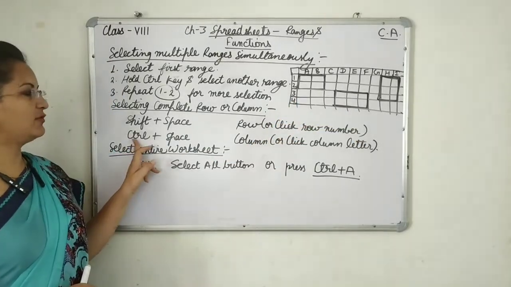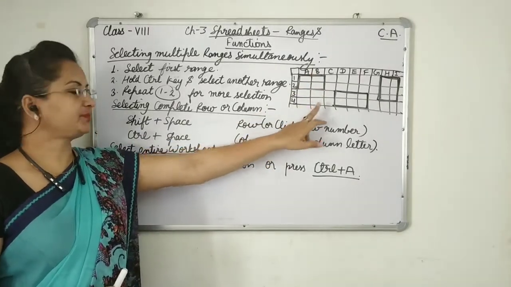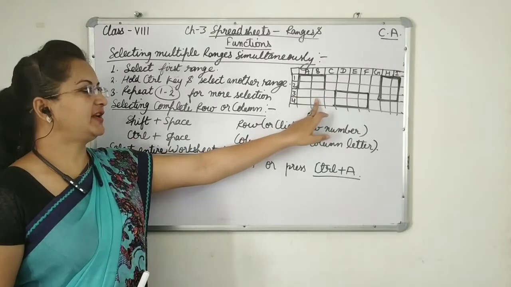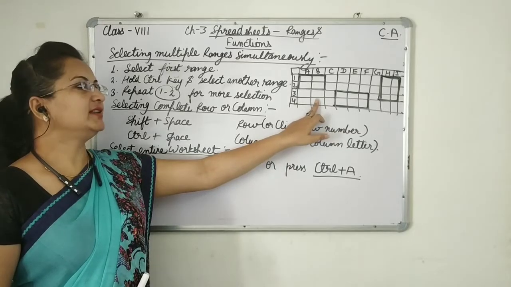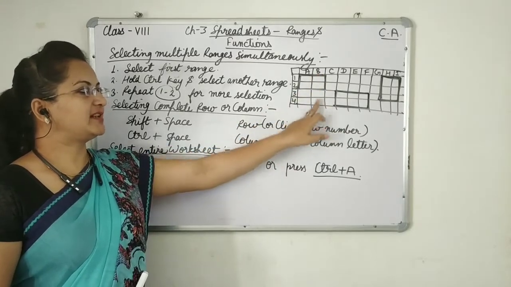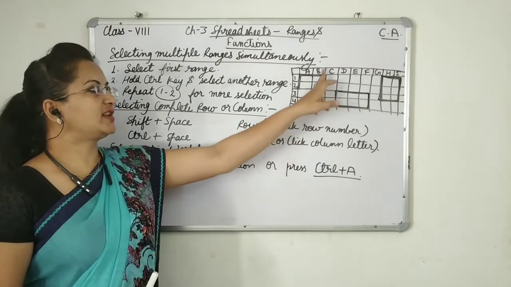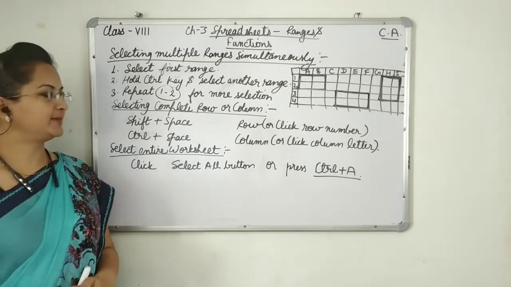The same way, if you want to select the whole column B, if you are here, then press Ctrl+Space. Then the whole column B will be selected. Or one more method is that you can click on B and the B column will be selected.